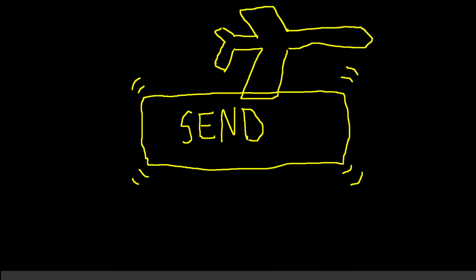When we hover over the button, I would like to have a little airplane emoji or something like that fly away, to imply that when you click this button, it's going to send this information off.